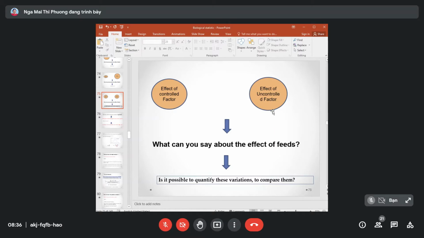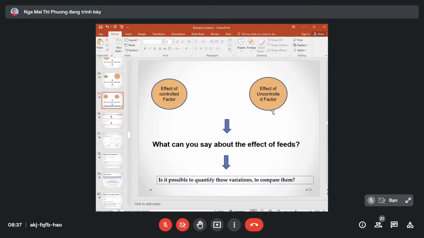However, because the experiment lasts for one year, a long time, and because of different environmental factors or genetic variations, some chickens die because of weather, temperature, humidity, or disease.